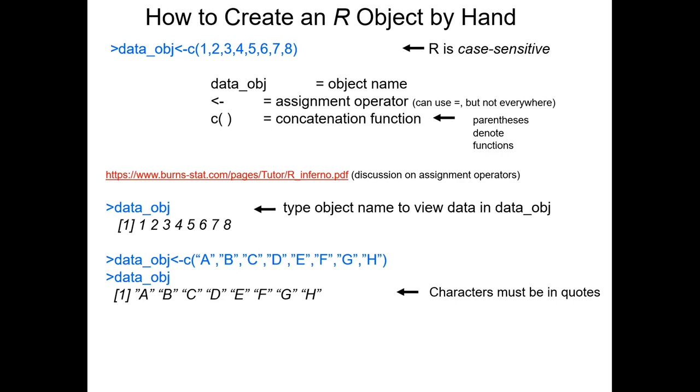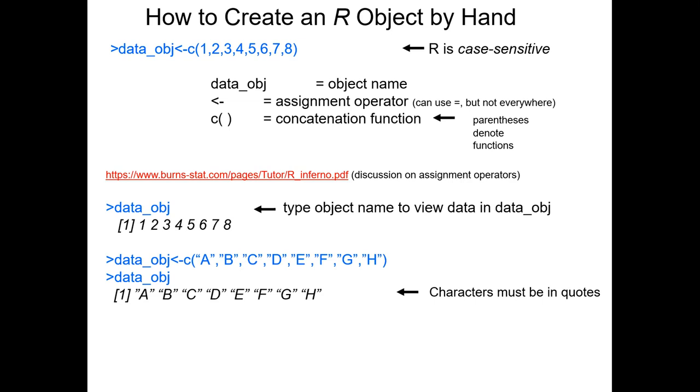All right, so how do we create our object? In this example, this is how we would create one by hand within the program instead of importing data. The first thing you will do is type in the name of an object.